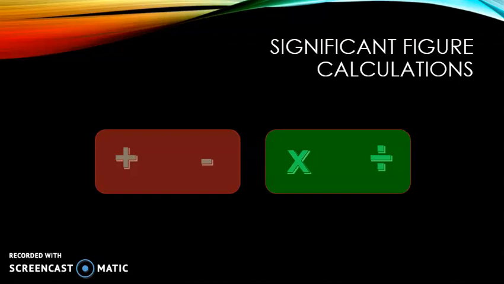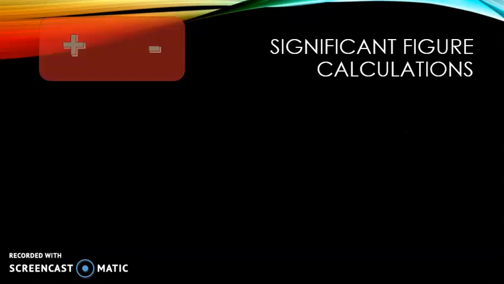Addition and subtraction are the same idea, but opposite to each other, the same way that multiplication and division are the same idea, just opposite to each other. So knowing this, scientists developed one rule for addition and subtraction together, and one rule that applies to multiplication and division. Let's take a look at the addition and subtraction rule first.